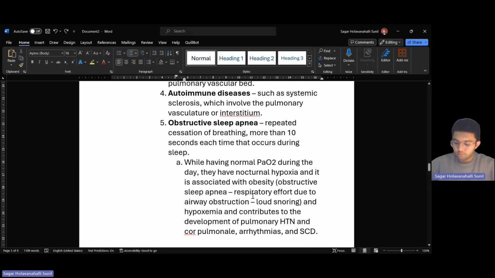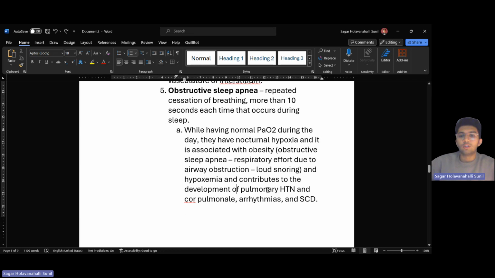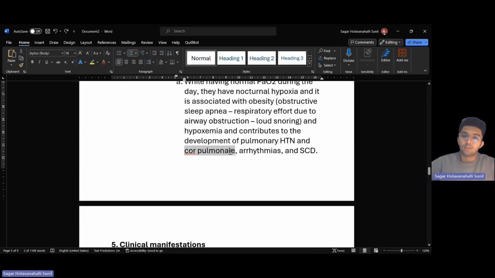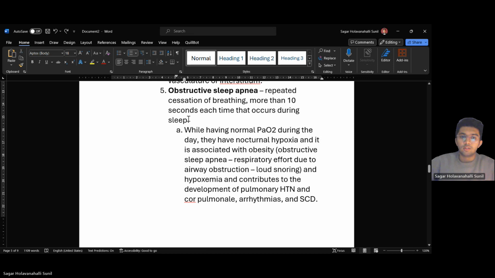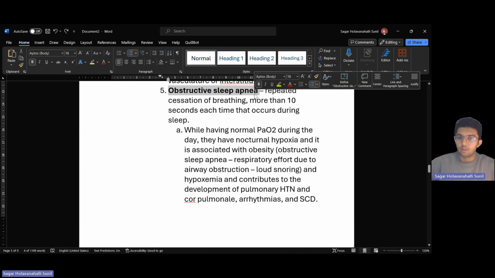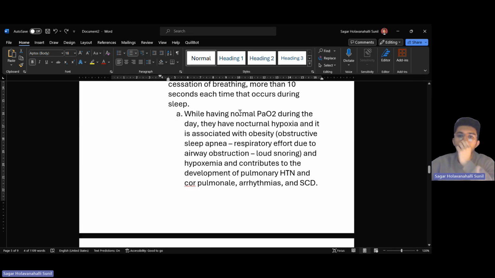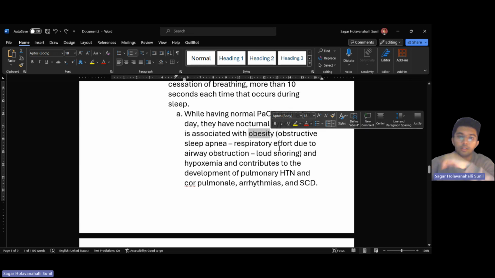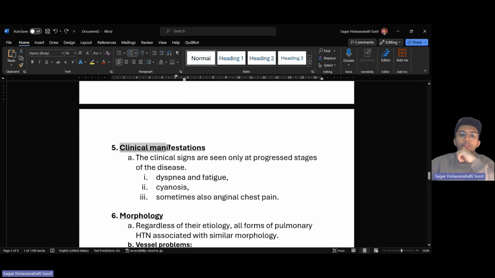When there's airway obstruction, you're going to have decreased oxygen flow into the lungs, and again, like I mentioned earlier, it's going to cause pulmonary hypertension. It could lead to pulmonary hypertension because obstructive sleep apnea is usually chronic unless treated, and especially with obesity, it's really chronic.